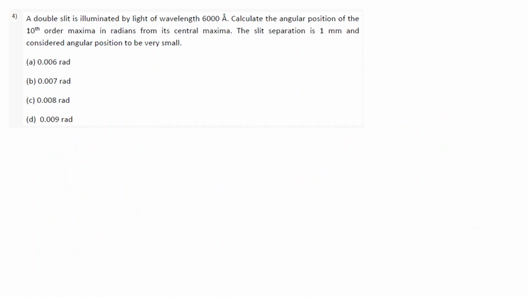Okay. Now question number 4. A double slit is illuminated by light of wavelength 6000 angstrom. So we have light of wavelength 6000 angstrom, and we are doing a double slit experiment.